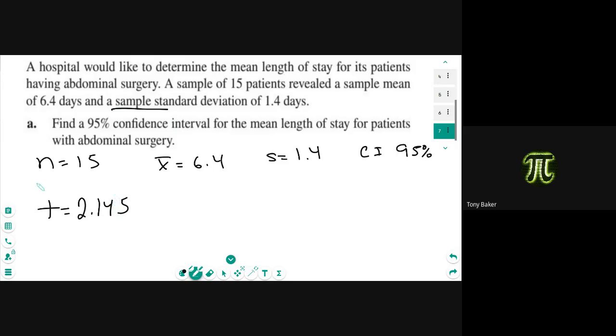My degrees of freedom was 14. And I'm looking at the two-tailed.